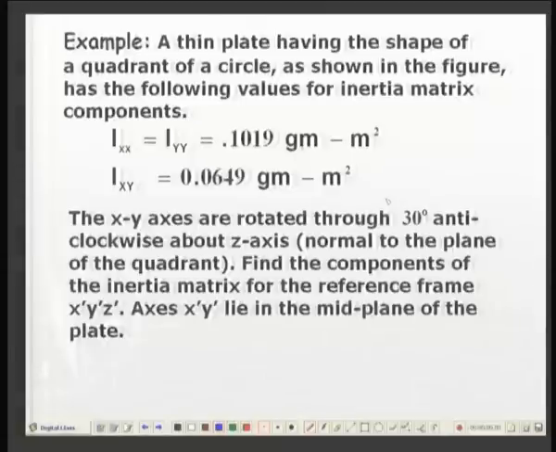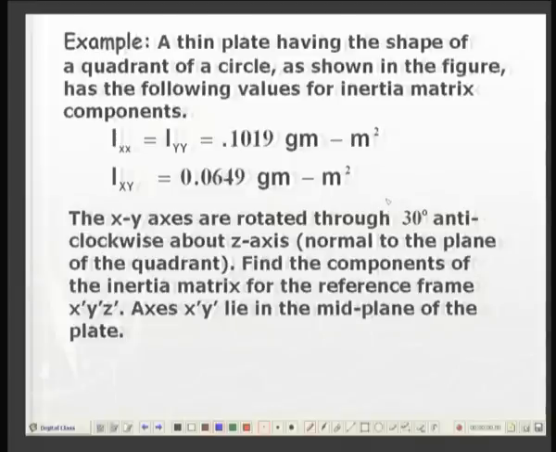Okay, sorry, first let me read the problem. A thin plate having the shape of a quadrant of a circle is shown, and this has the following inertia matrix components. Ixx is given, Iyy is given, both will be equal because of symmetry, 0.1019 gram meter square, and Ixy is given as 0.0649 gram meter square.